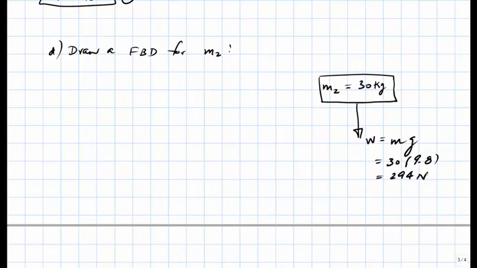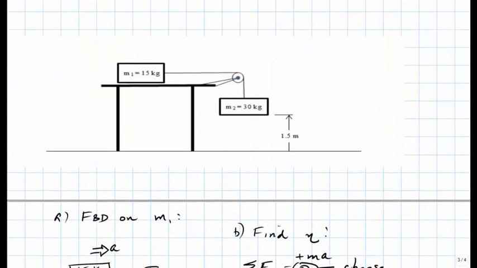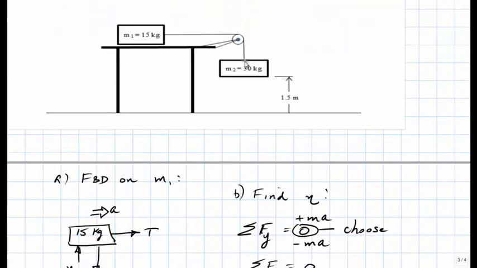Now in this case, there is no normal force because this block is not in contact with any other surface. Now it is in contact with this cable, but it's not touching any other surface. There is no normal force for M2. Now we have to represent the reaction between the string and the block, and of course the string exerts a tension, and that tension is directed upward.